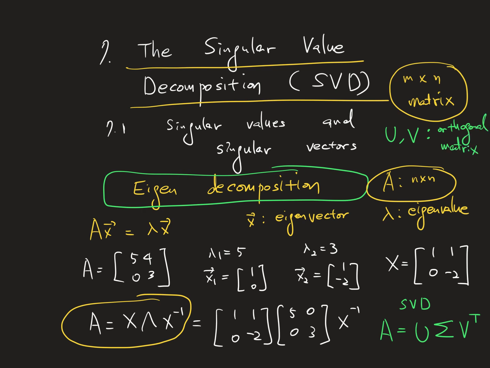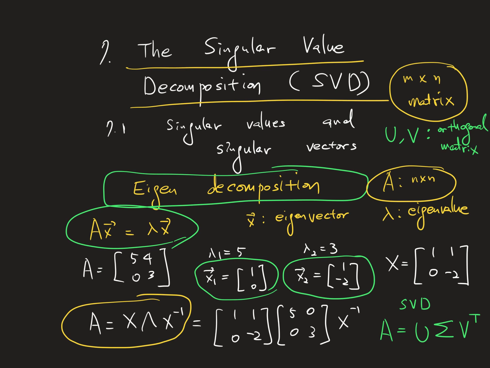As you can see here, the x1 vector and x2 vector are not orthogonal. In general, we cannot say x1 and x2 are orthogonal. Well, if a matrix is symmetric, for example, then we can have orthogonal eigenvectors. But in general, we cannot have that.